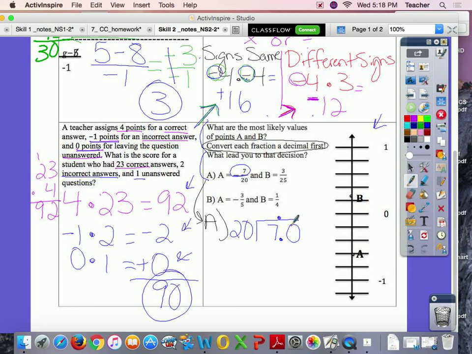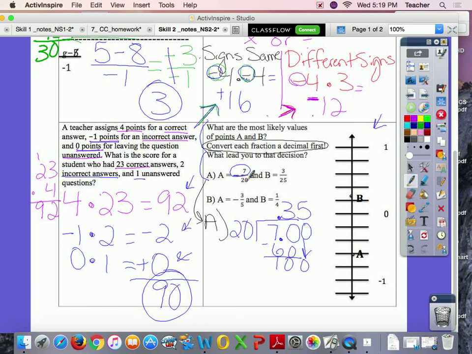0. How many times does 20 go into 70? 3 times. 3 times 20 is 60. Subtract, we get 10. Add another 0, bring it down. How many times does 20 go into 100? Exactly 5. Good. But we have to remember, what did we start with? It was a negative 7/20.